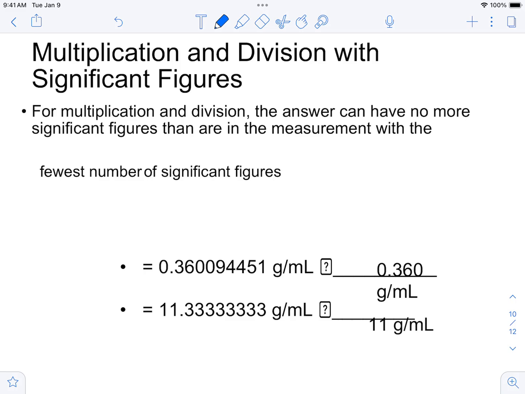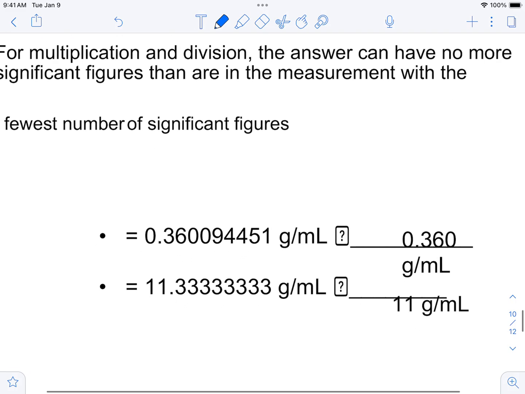You would still type it in your calculator exactly how it shows. So the problem here would be 3.05 divided by 8.47.